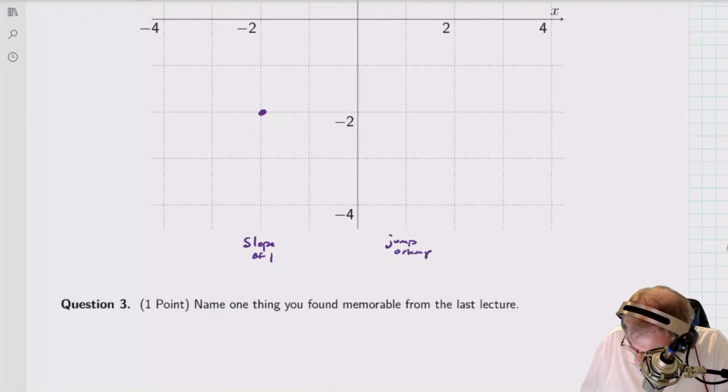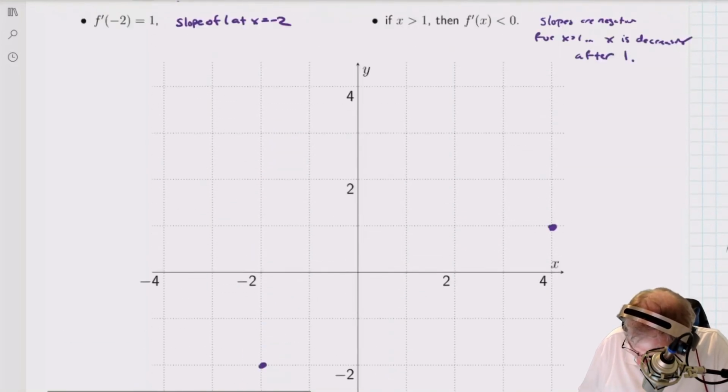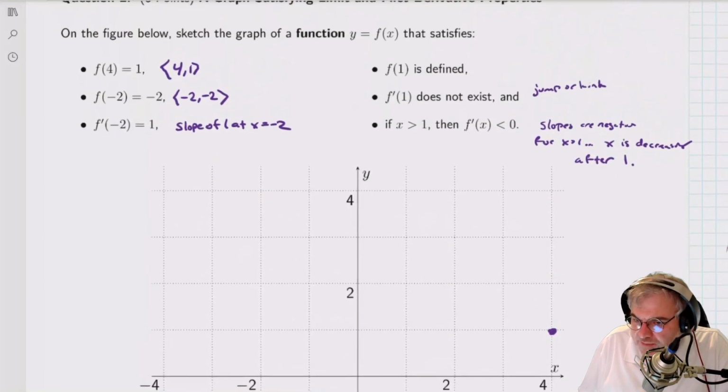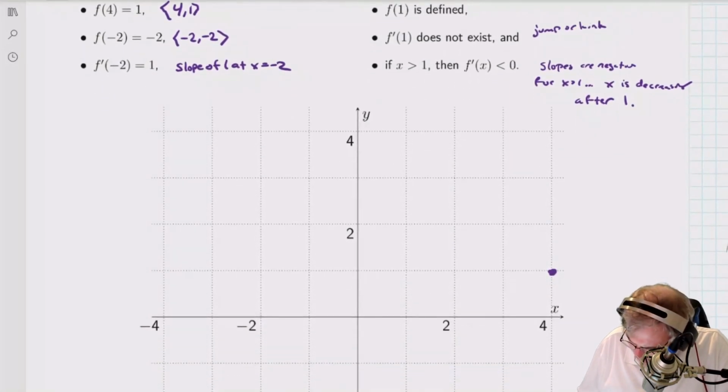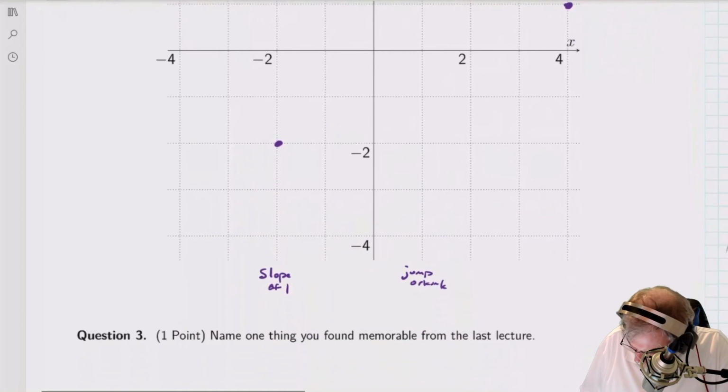I don't have anything that says it has to be continuous, so a jump or a kink will work. And then I need it to be decreasing after 1.